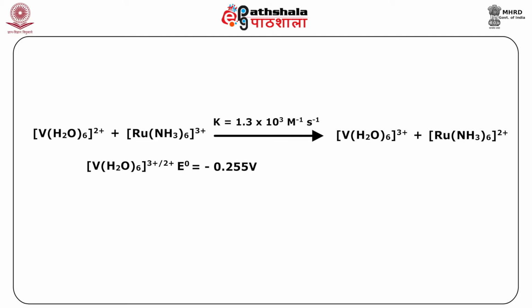So now we are treating one inert complex, that is vanadium hexa water 2 positive complex, with the labile ruthenium hexaamine 3 positive D5 configuration complex, and this time the rate of reaction is 1.3 into 10 to the power 3 mole inverse second inverse. If you see, the vanadium has been converted to 3 plus and ruthenium is converted to 2 plus, acquiring D6 configuration.